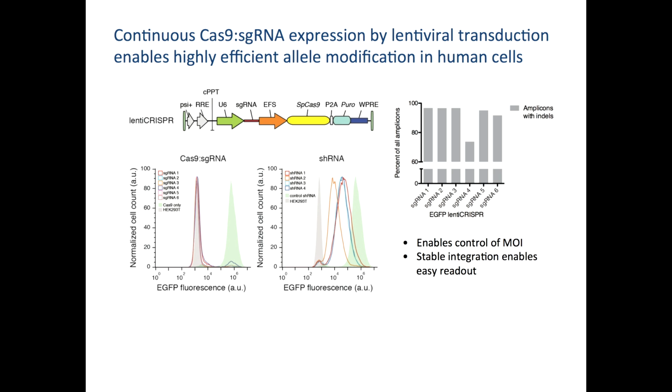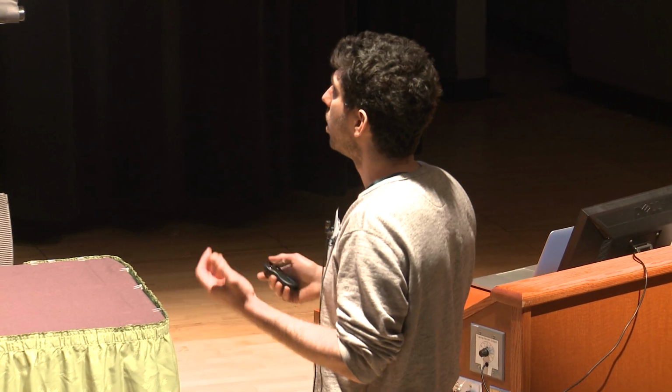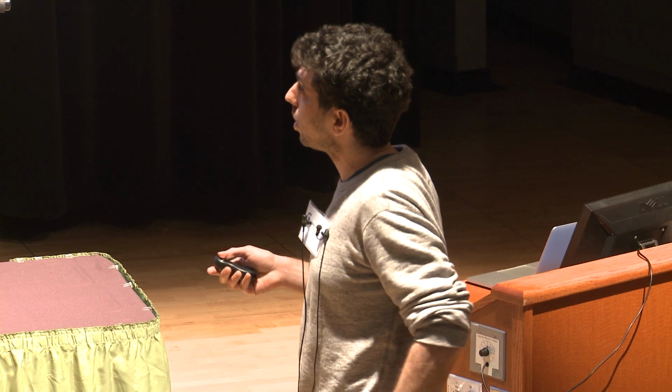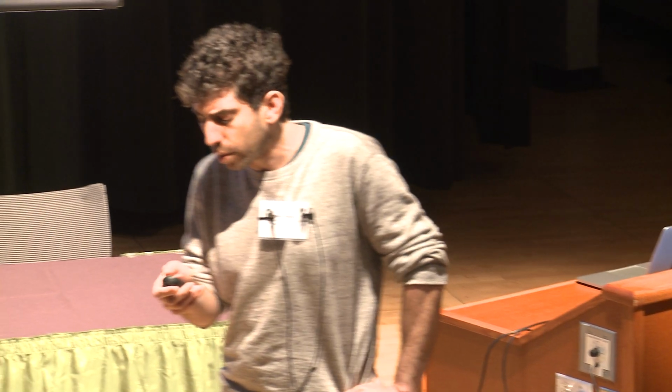The first thing that we did, together with my collaborator Neville from the lab, was to see if we can use CRISPR to do this. So the first step was how do we deliver CRISPR in such a pooled fashion. What is traditionally done for shRNAs is to use lentiviruses. Why do we use lentiviruses?